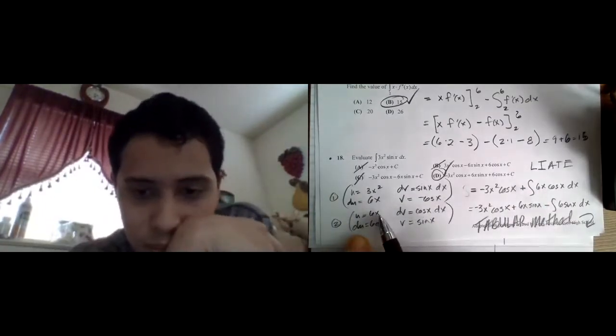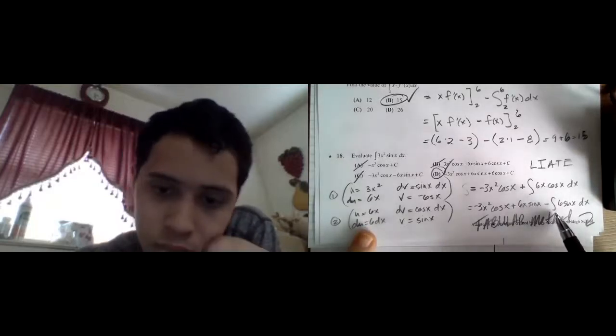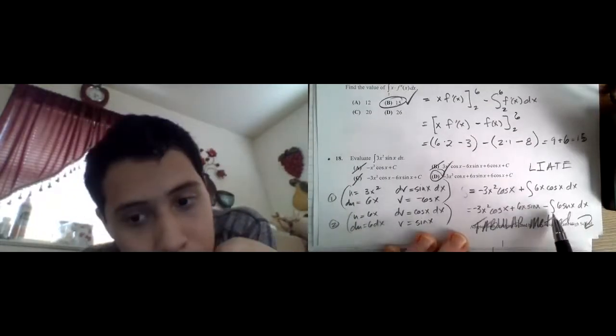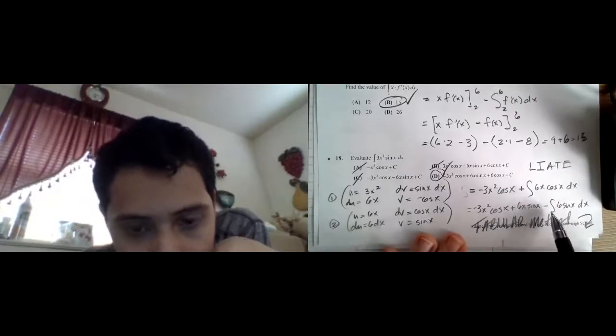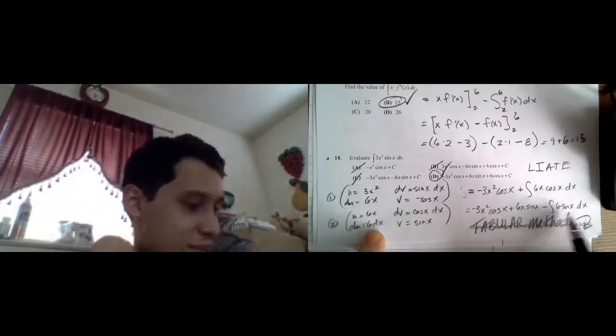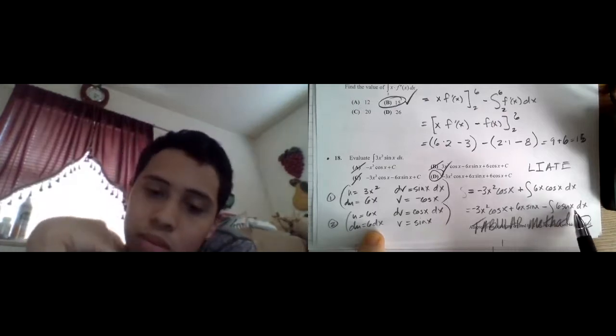The obvious choice is u equals 6x, dv is the cosine of x, differentiate, anti-differentiate, and then the minus integral of v du is minus the integral of sine x times 6 dx. I didn't write out the final step here because I know what the integral of 6 sine x is.